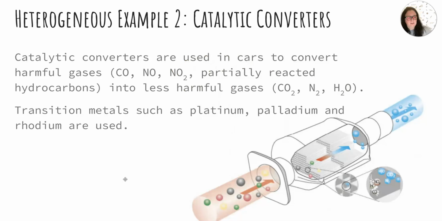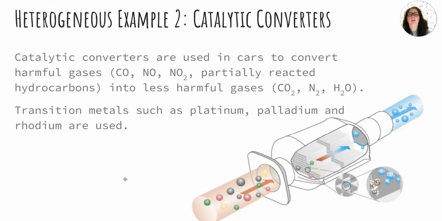Now here's another one that pops up a lot. You might have heard of it before: a catalytic converter in a car. In a combustion engine, you have a lot of really nasty byproducts at the end, like carbon monoxide and nitrogen dioxide. There are tons of things that you don't want being spit out into the environment.